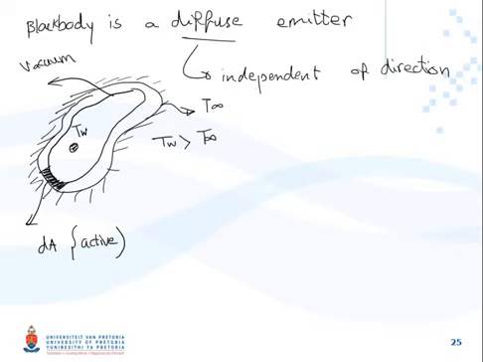Just a small portion of the inside will be active. Maybe it takes a bit longer, but that doesn't matter, because we talked about sufficient time. After some time, it will reach thermal equilibrium, which means that the temperature of the black body will be equal to T infinity.